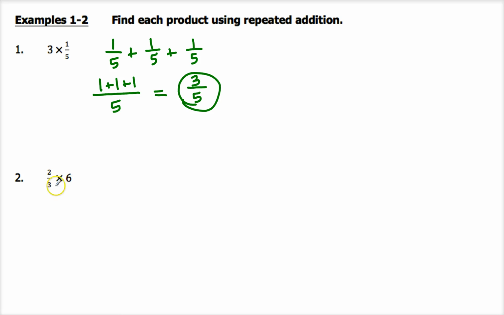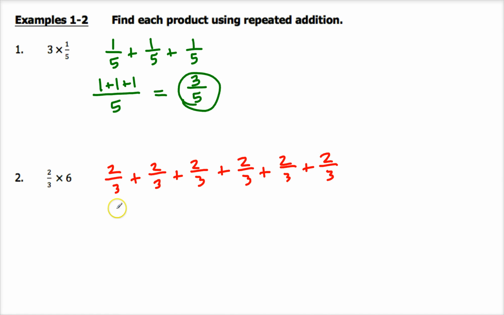For this next one, 2/3 times 6, this just means 2/3 added to itself 6 times. So 2/3 plus 2/3 plus 2/3, and then do that again, plus 2/3 plus 2/3 plus 2/3. So my denominator is 3. On the top I have 2 plus 2 plus 2 plus 2 plus 2 plus 2, which gives me a 12 on the top.